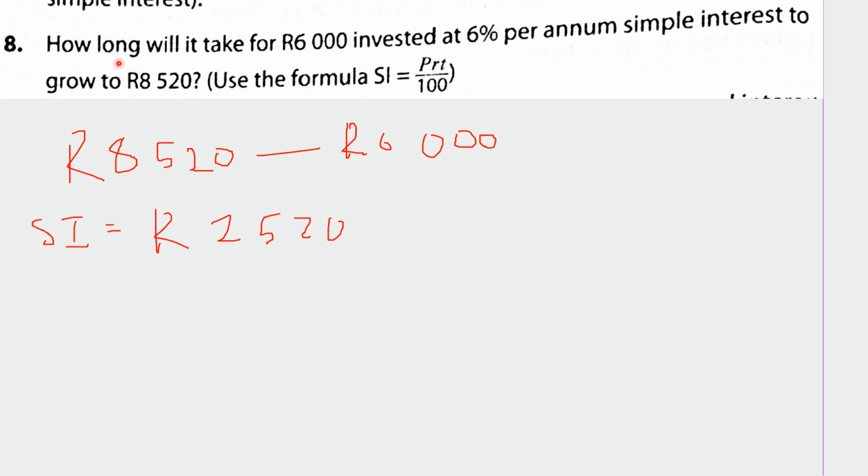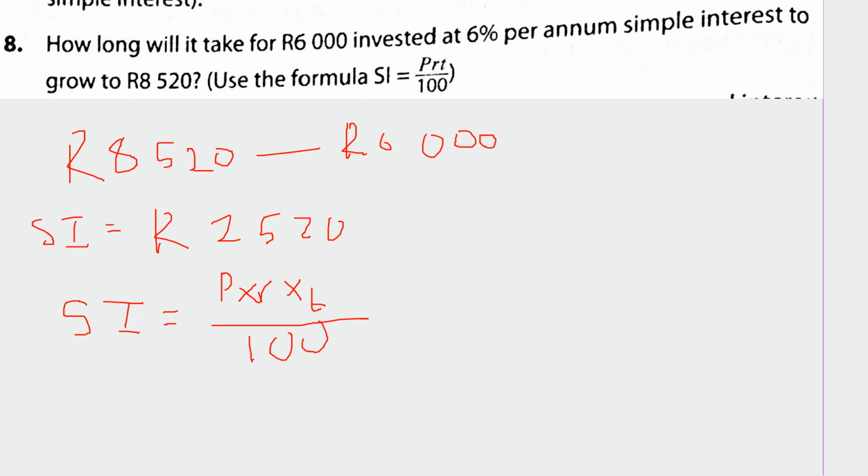So now we have to calculate how many years you should invest so that you can earn an interest of 2,520. Okay, so we're just going to substitute everything into the equation of simple interest, which is simple interest is equal to the present value multiplied by rate multiplied by time, divided by 100.